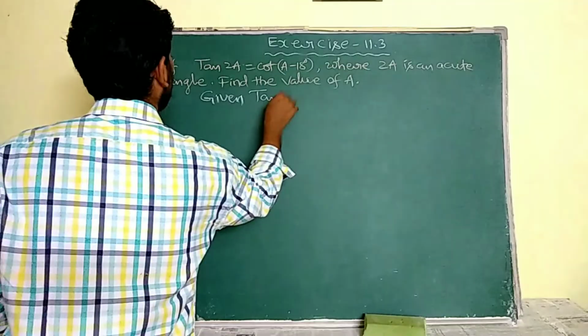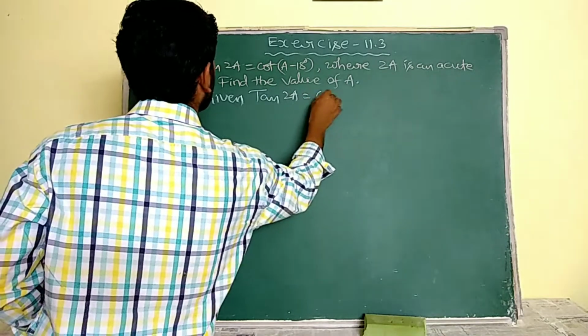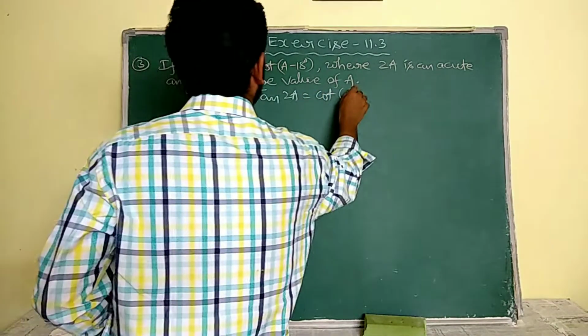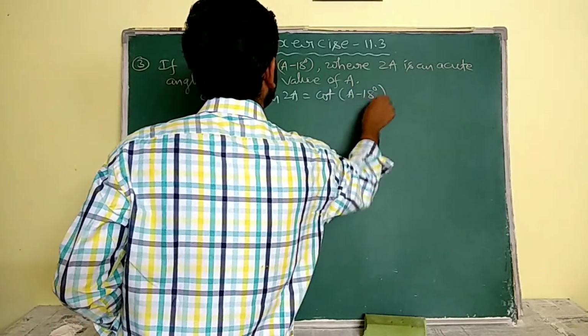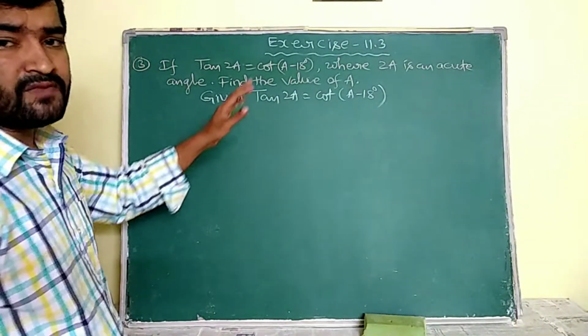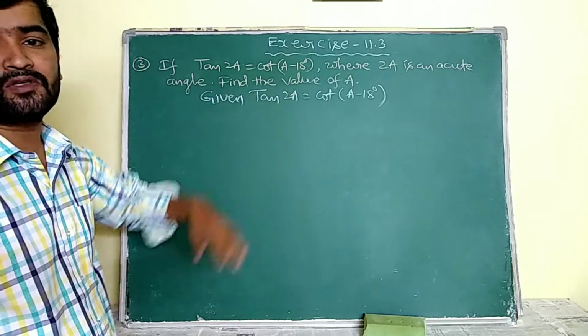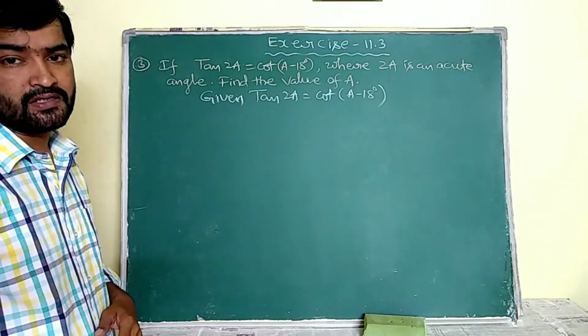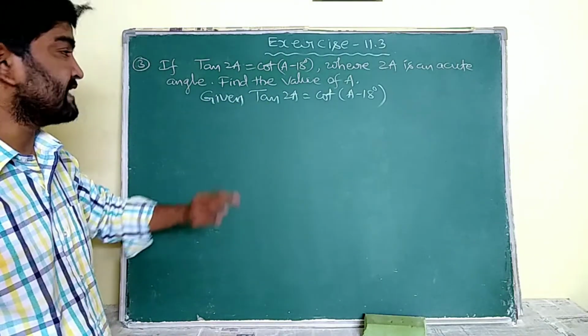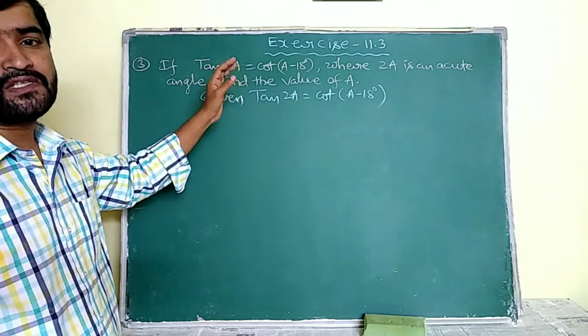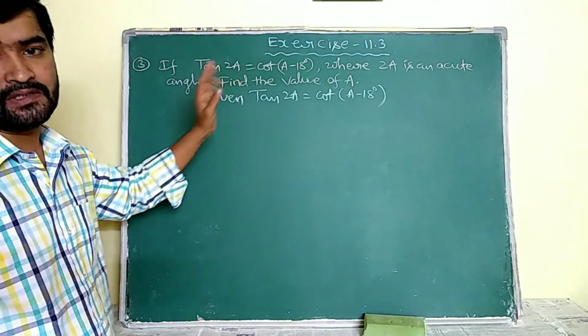That means see, my tan 2A is equal to cot of (A minus 18 degrees). On the left side of the equal sign I am having tan, on the right side I am having cot. That means firstly I have to decide to which trigonometric ratio I have to convert.